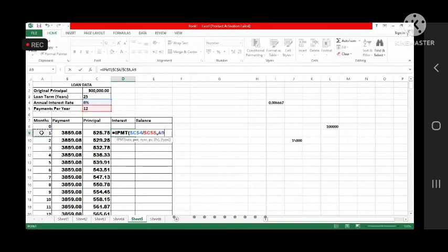Next one period, comma, what is the period? A9, no need to absolute, comma, number of period, long term multiplied by 12. So altogether we have to absolute this one, F4, then comma, minus original amount. This one also should be absoluted. Okay. Then close bracket.